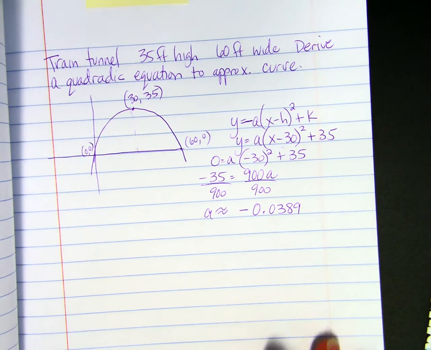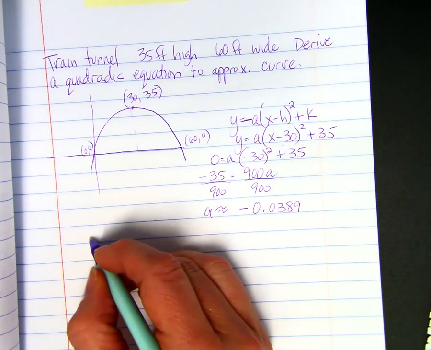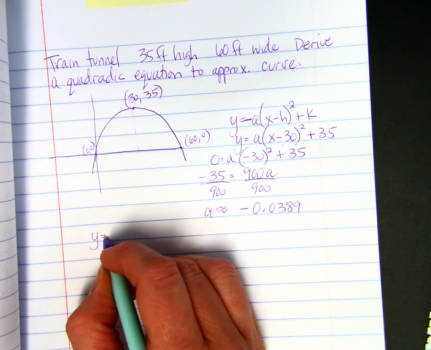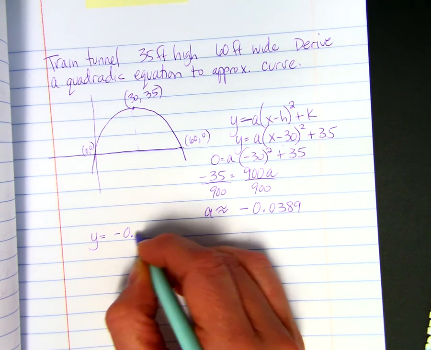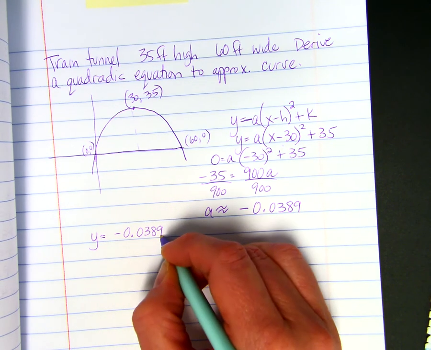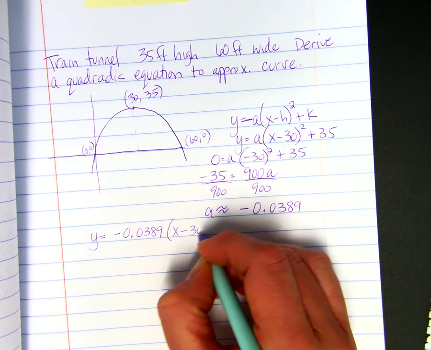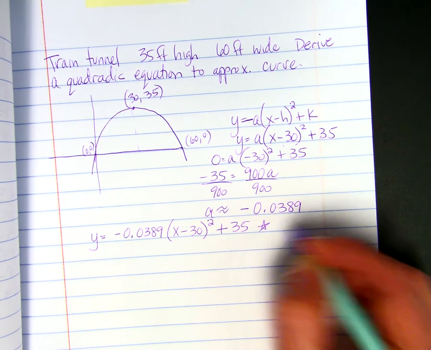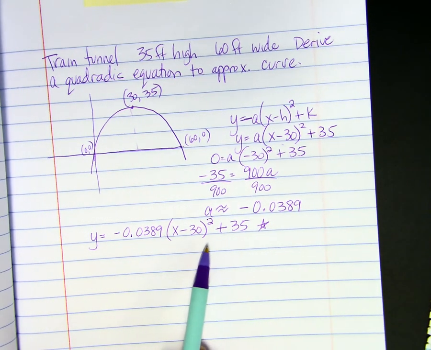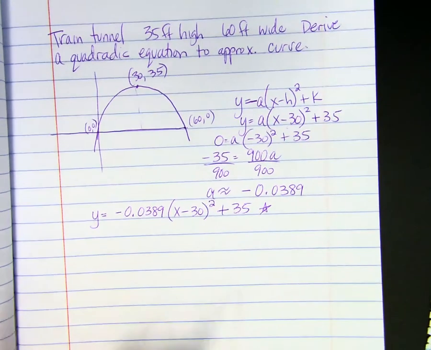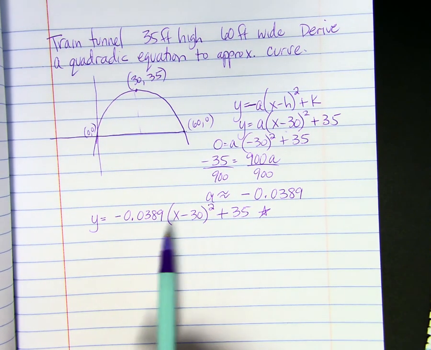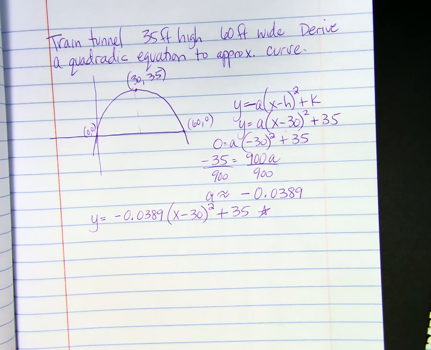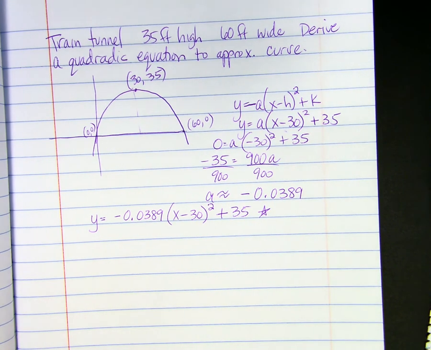So my equation would be y equals negative 0.0389 times x minus 30 quantity squared, plus 35, and I'm going to leave it like that because I don't want to mess up when I'm trying to simplify. So I just leave it like that, and there's my quadratic equation that approximates the curve through the tunnel. Okay, that's the end of the lesson.